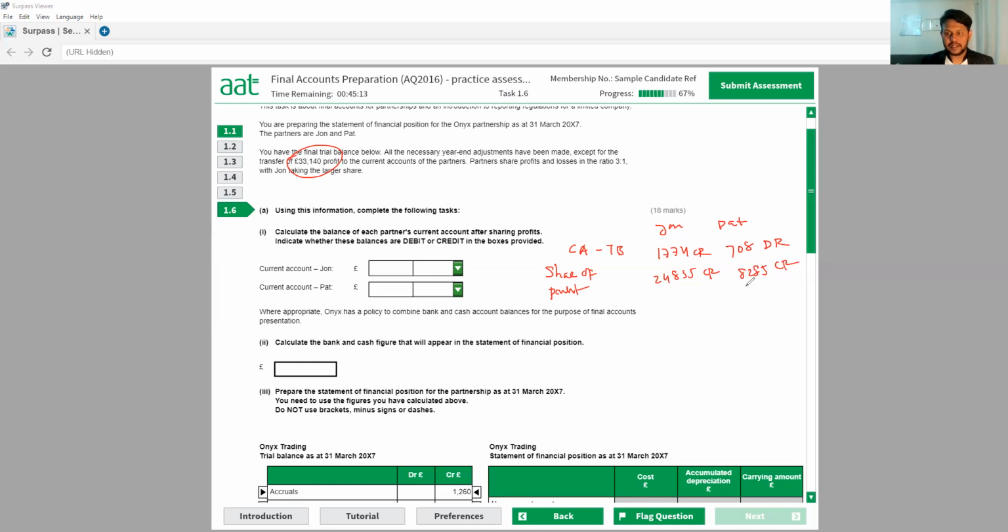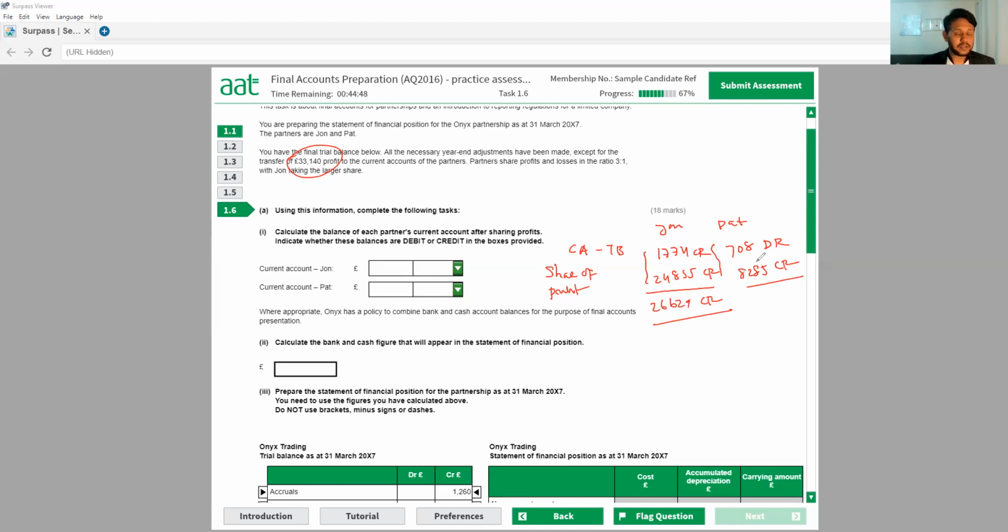I have to find the balance. So these two are credit, so they will be added. So 1,774 plus 24,855, and that will give you 26,629, and that's a credit.